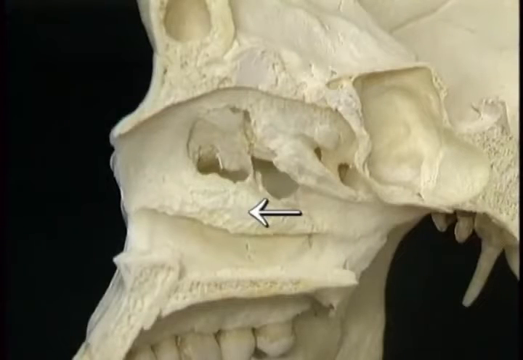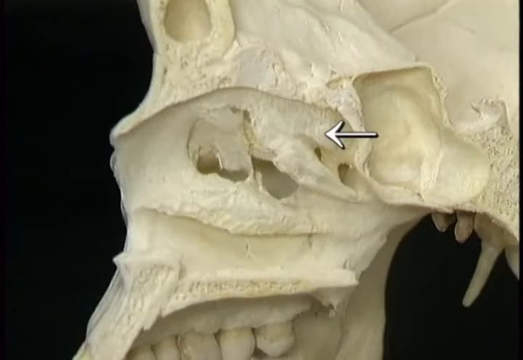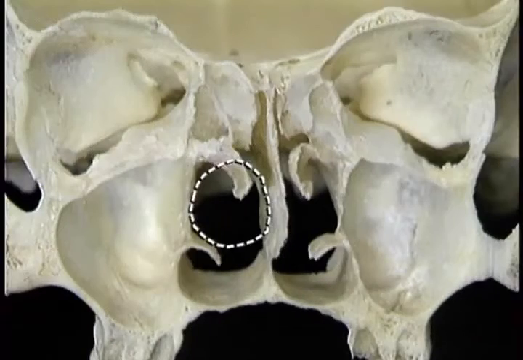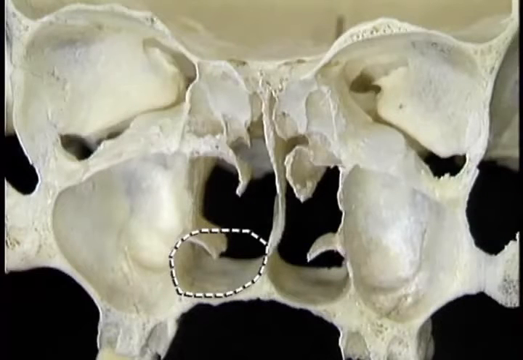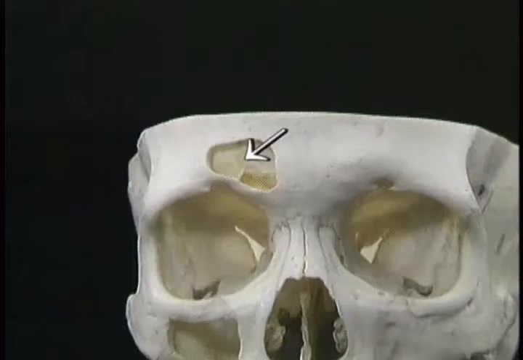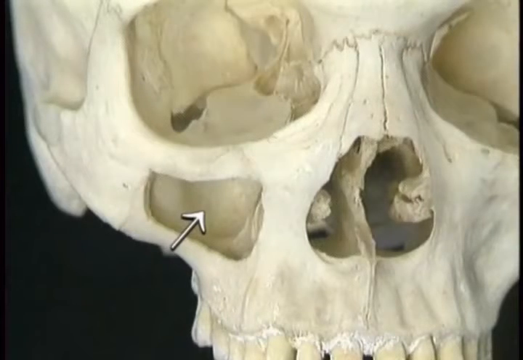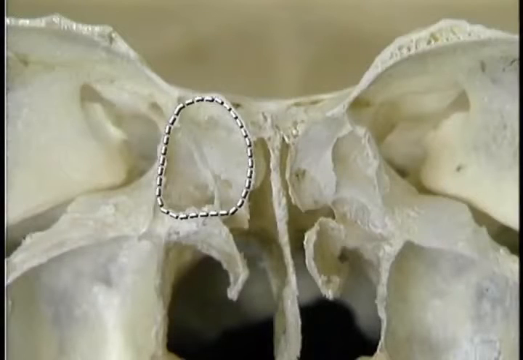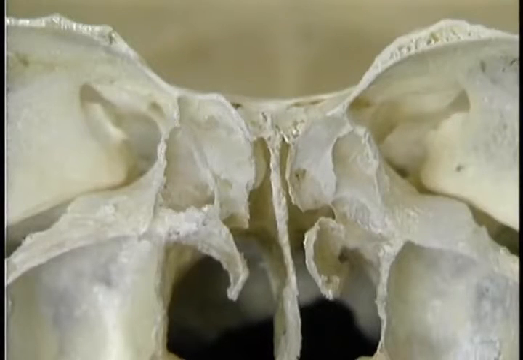Here's the inferior concha, the middle concha, and the superior concha. Here are the superior meatus, middle meatus, and inferior meatus. Here's the cavity for the frontal sinus, the maxillary sinus, the sphenoid sinus, and here are the ethmoid air cells.